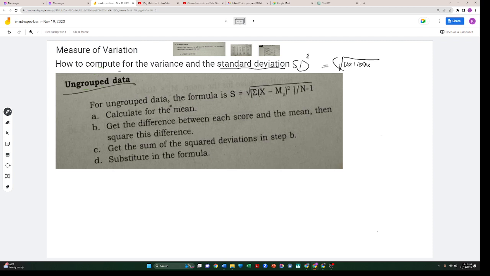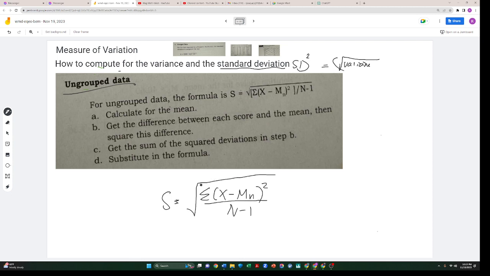So, for ungrouped data, the formula is S, which is the standard deviation, equal to the square root of the summation of X, which is the scores, or maybe some of your students, minus the mean, squared, divided by n minus 1, where n is the total number of people in the data.